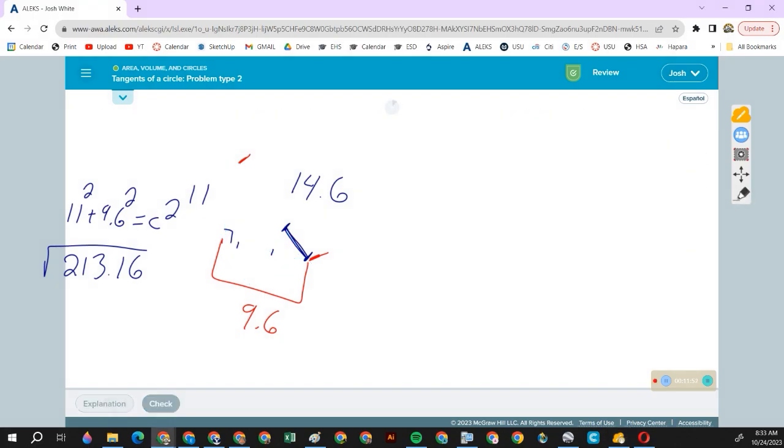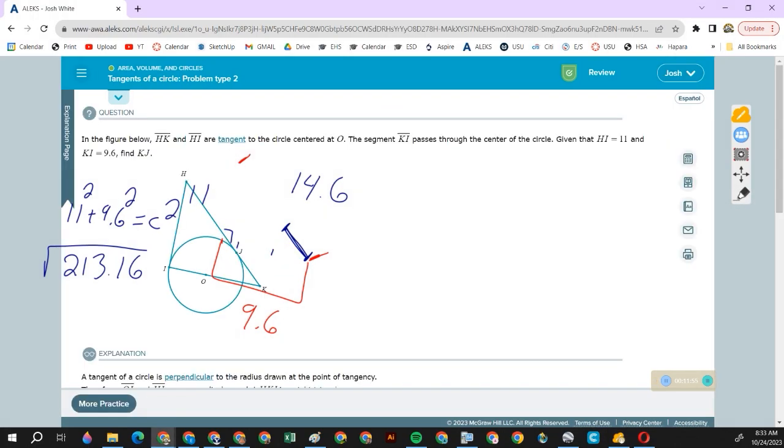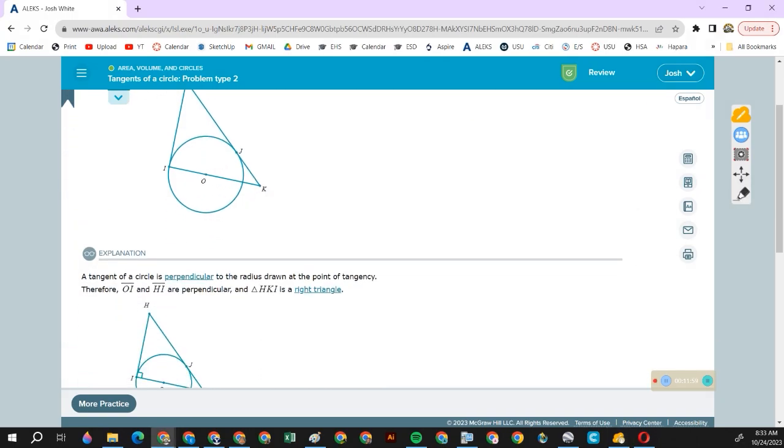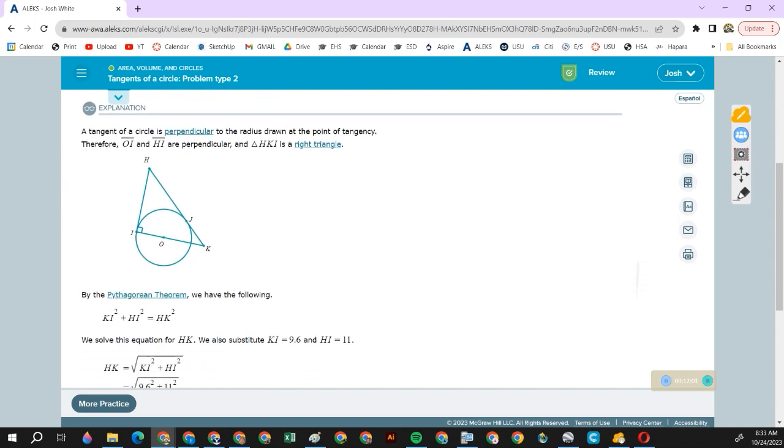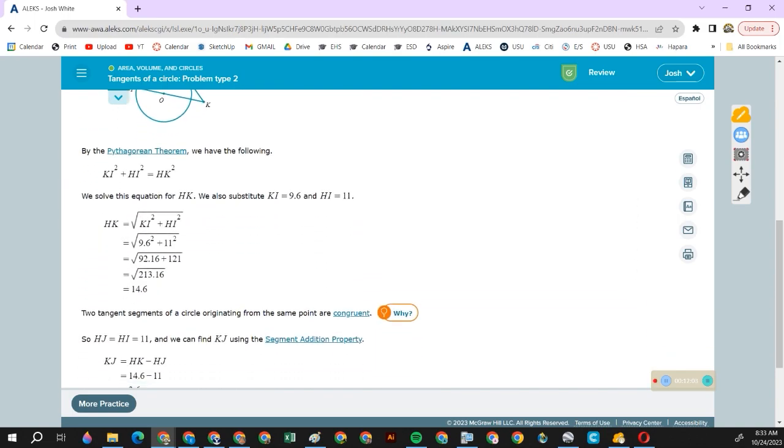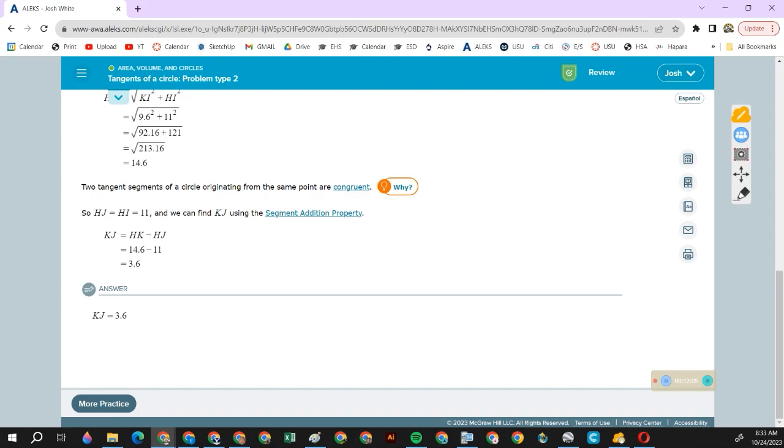Okay, you're going to need this. Two tangent segments of a circle originating from the same point are congruent. Do you remember that from a couple problems ago?